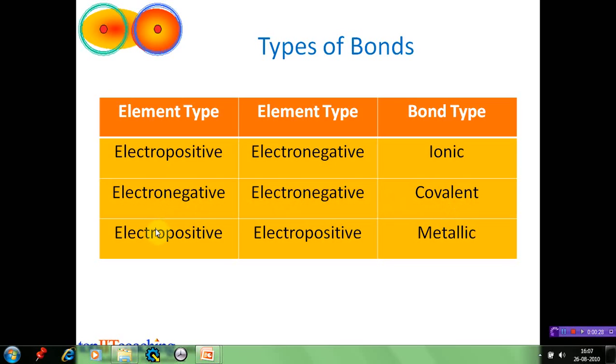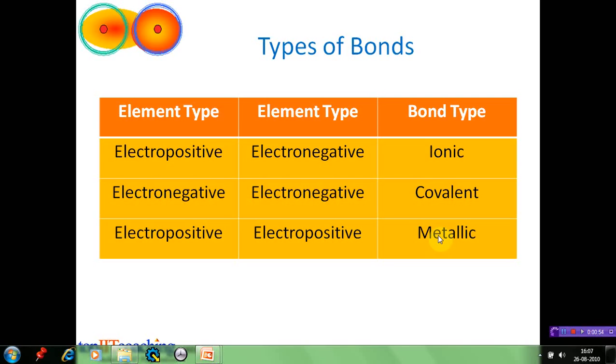And when an atom of an electropositive element combines with another atom of an electropositive element, metallic bond is formed. Ionic bonding involves complete transfer of one or more electrons from one atom to another atom. Covalent bonding involves sharing of one or more electrons between two atoms. And in metallic bonding, valence electrons are free to move throughout the crystal.